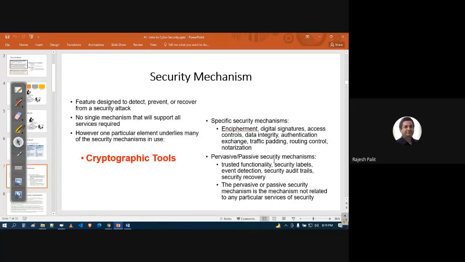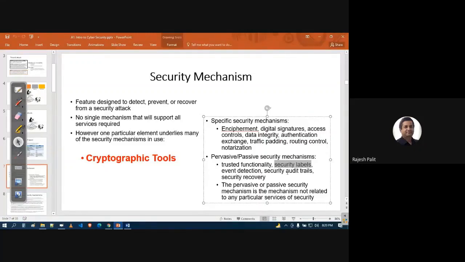Then the passive security mechanisms, which are mechanisms not directly related to any particular security service. From the examples, you can see security levels, say, you don't cross this line, or this is a confidential file, so you should not access this file.